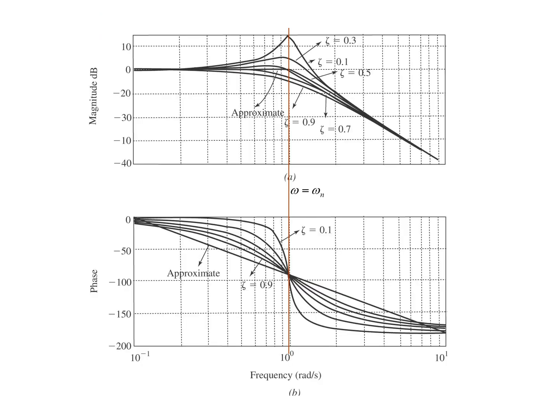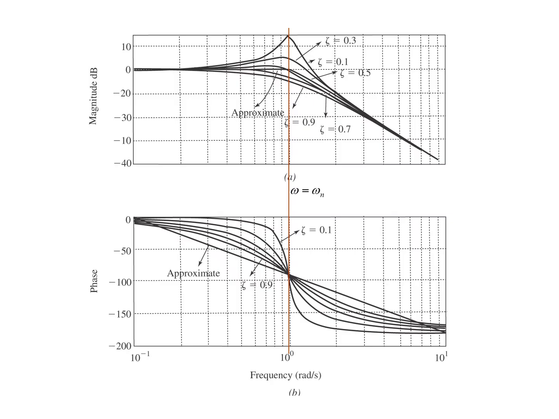It is the plot of magnitude and phase. It is the effect of damping ratio. You see here, if the damping ratio is highest, the amplitude is reducing.